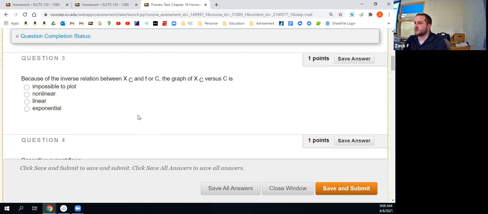And we'll get into more of that later. Because of the inverse relation between capacitive reactance and frequency or capacitance, the graph of X sub C versus C is what? Nonlinear.